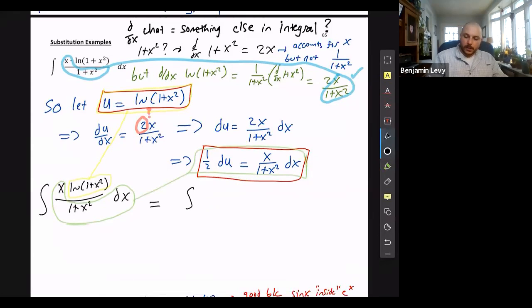Becomes the integral of u times 1/2 du, which we can think of as pulling the 1/2 out front and then just integrating the u. All right, let me pause there and see how that looks.